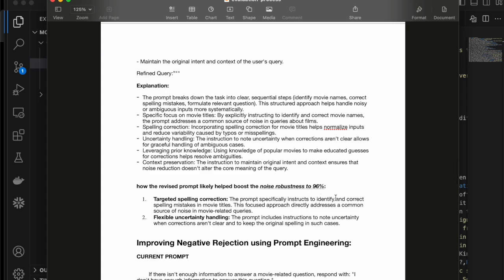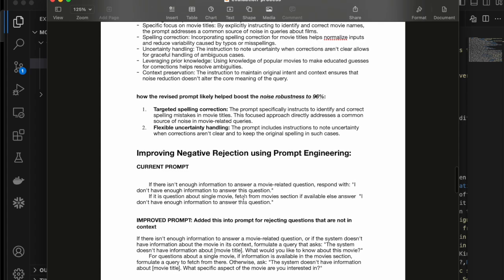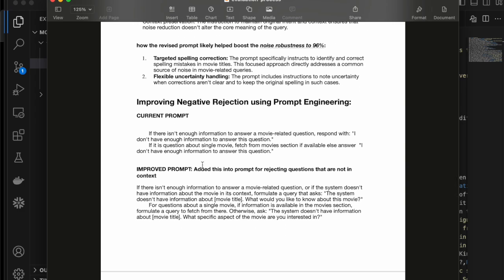That is very good, because the simple prompt engineering technique we learned increased the score from 53 to 96%. It can recognize most movie names because it has already been pre-trained over movie data, I believe, so it is able to identify most of the misspelled movie names here.